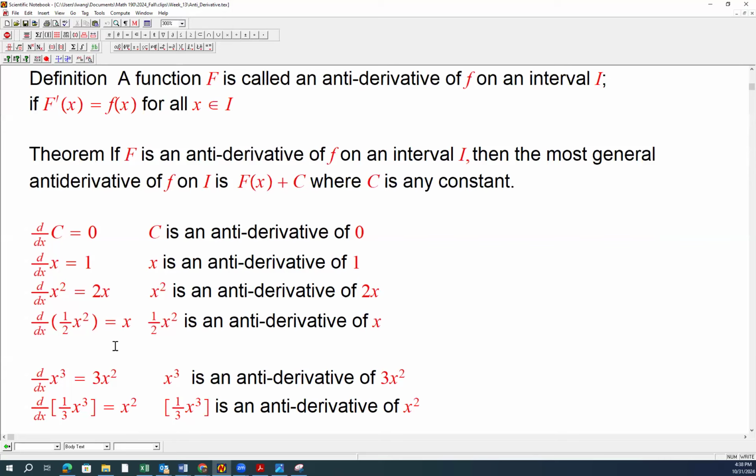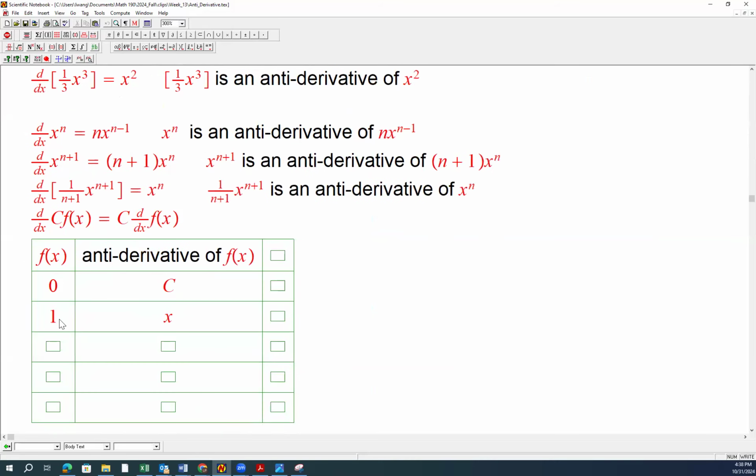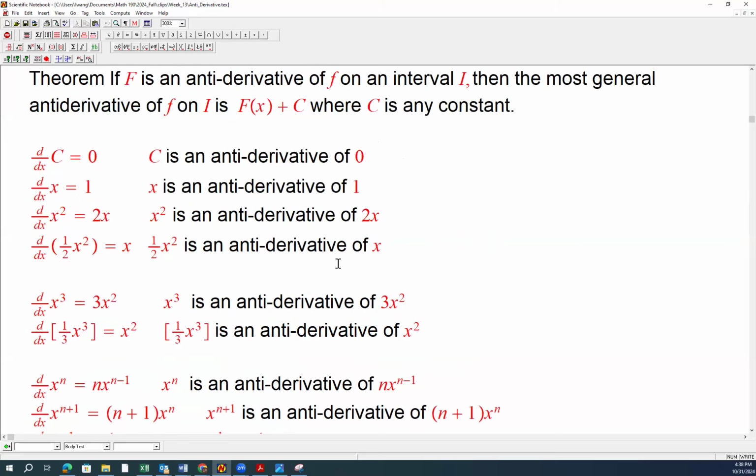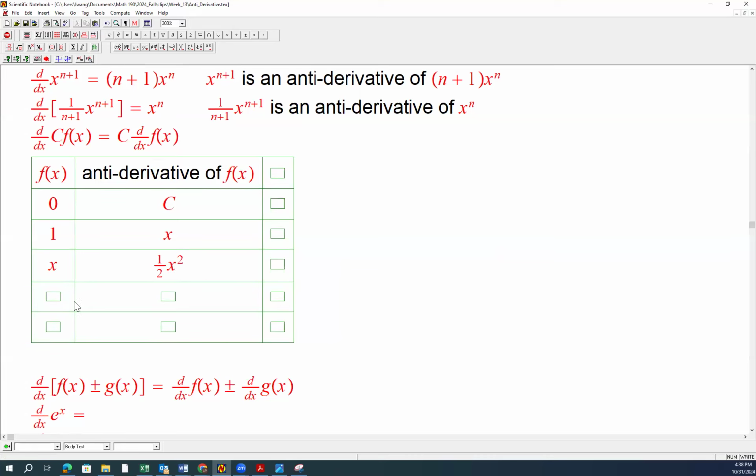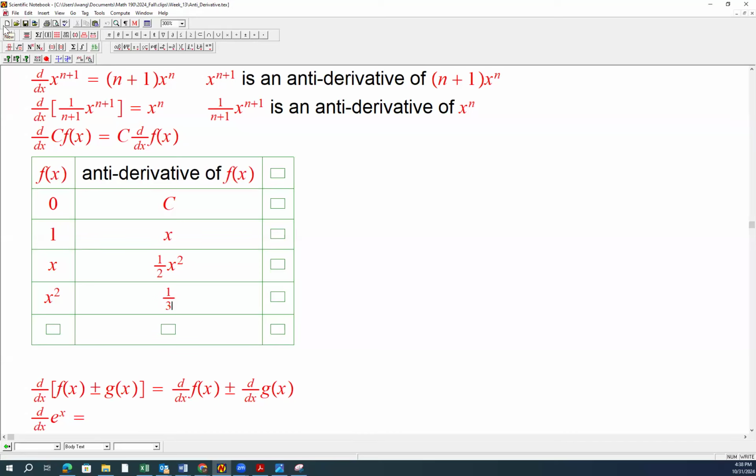If the function is x, its antiderivative is half of x squared. This is actually very commonly used. And how about x squared? The antiderivative of x squared is 1/3 x raised to the power 3.